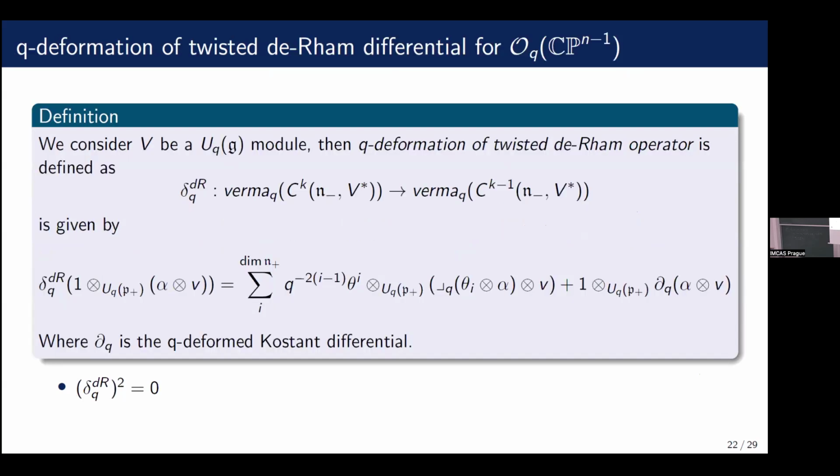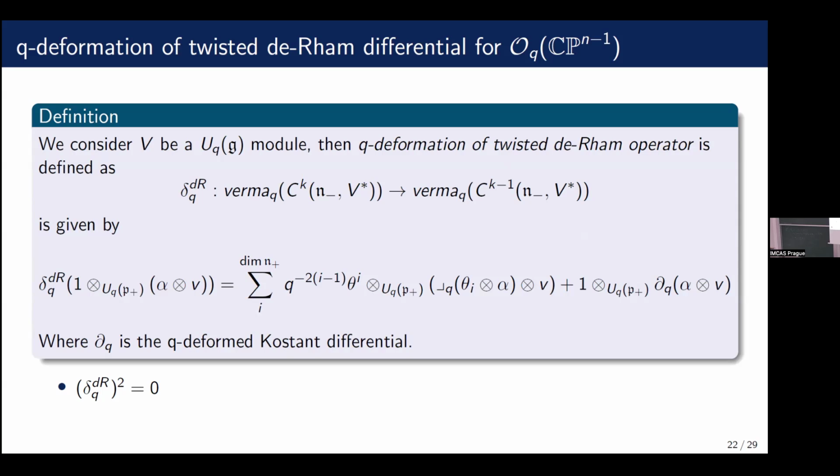Then we will define the q deformation or twisted de Rham operator on these Verma modules, which is given by this. So here, if you look into the formula, it has two components. The second component is given by the Kostant. So you remember we are in the Verma module, so you have UQG tensor the other guys. These other guys are the object for the Kostant differential.